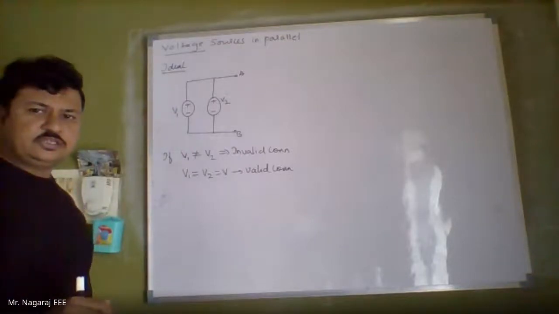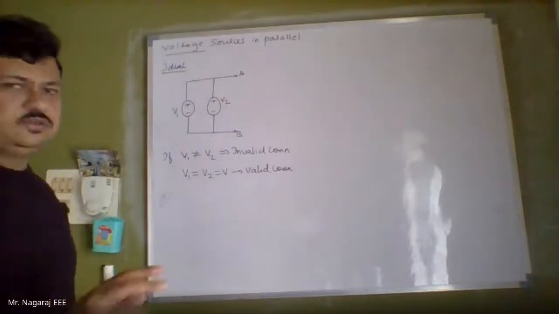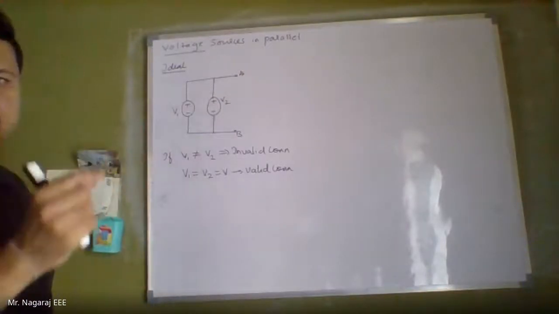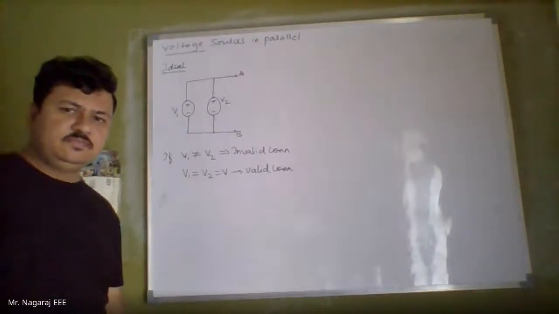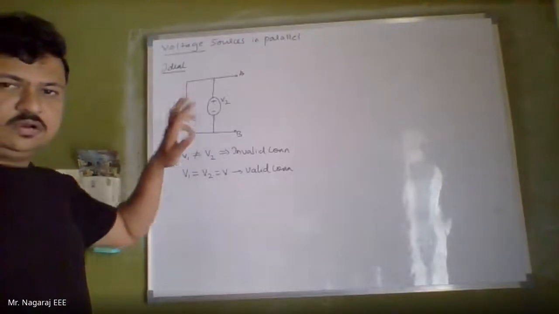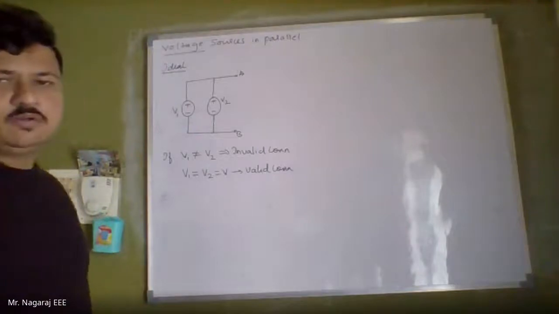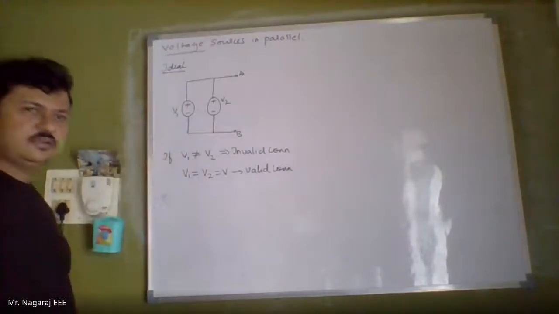So there is a large potential difference against 0 resistance, that is a short circuit. So a large circulating current will be flowing between these two sources, which will damage both the sources. That is the reason why I don't connect two ideal voltage sources in parallel if they are of unequal values. If they are of equal values, it is valid.